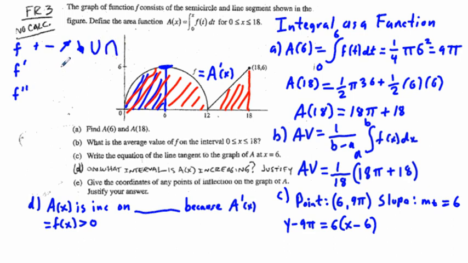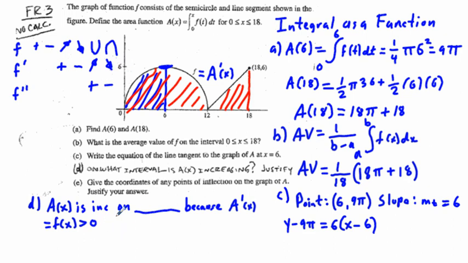And then for F prime, we put plus under the increasing arrow, minus under the decreasing arrow, and we put the increasing arrow under the concave up, decreasing arrow under concave down. And finally, in the F double prime, we put the plus under the increasing arrow for F prime and minus under the decreasing arrow for F prime.